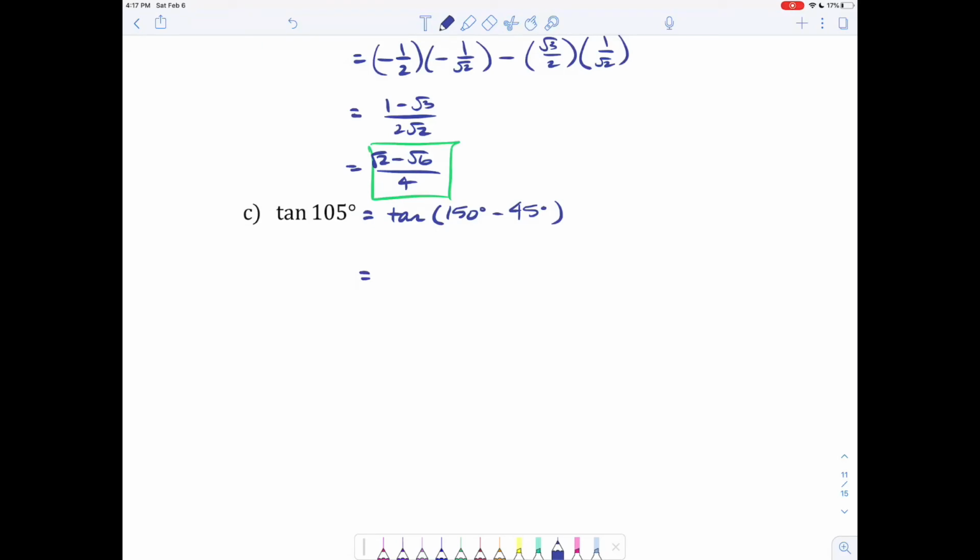According to the difference identity formula for tan, if I'm not mistaken, that gives us a subtraction on top, and on the bottom, it was 1 plus the product. So that's what I get there.